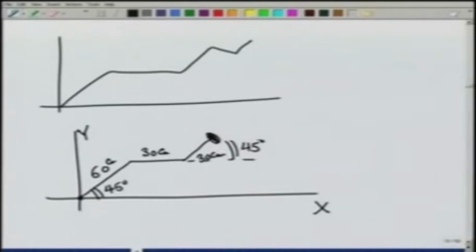And now we say that the driver applies a force F which is equal to minus 5I plus 5J minus 2K, something like this, but coming out of the board. It has a Z component also, or going into the board because Z component is negative. A force like this to change the gear.